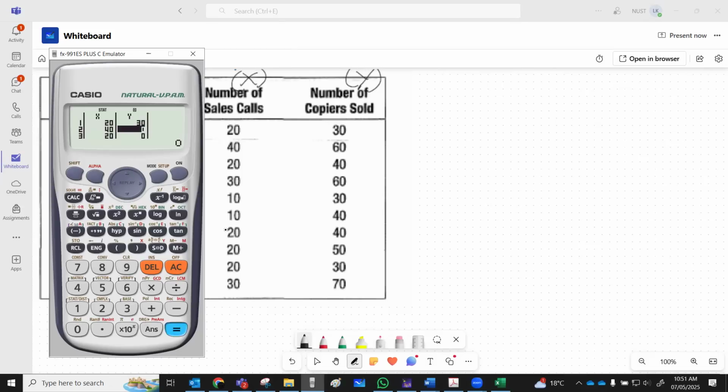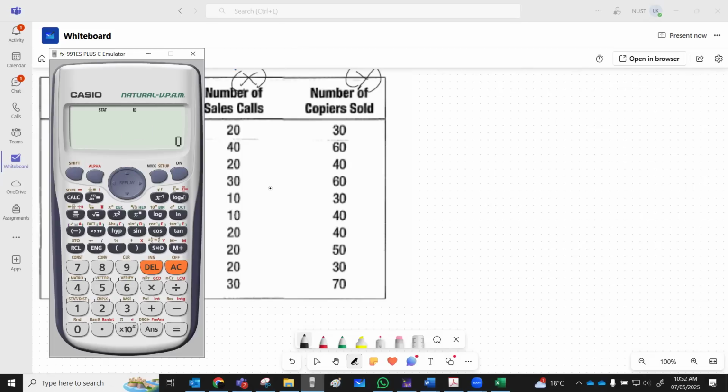So we have 30, 60, 40, 60, 30, 40, 40, 50, 30, and 70. You can always scroll up and down and make sure you've entered your values correctly.